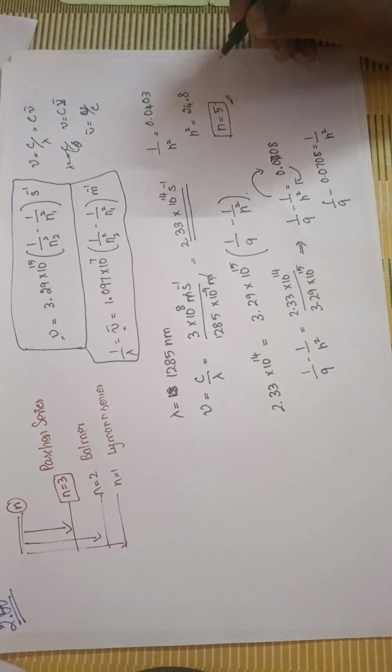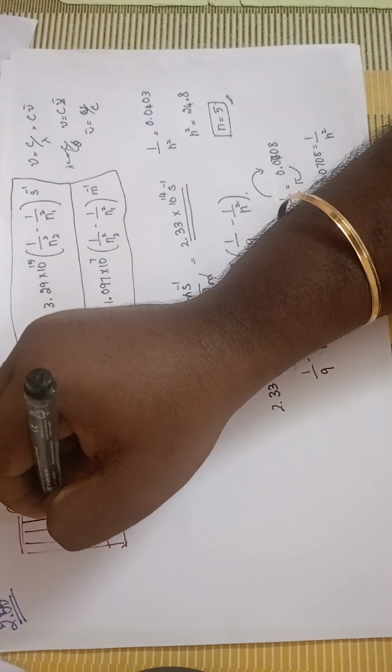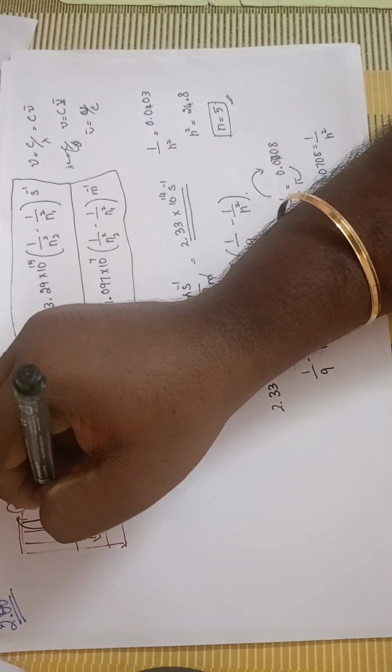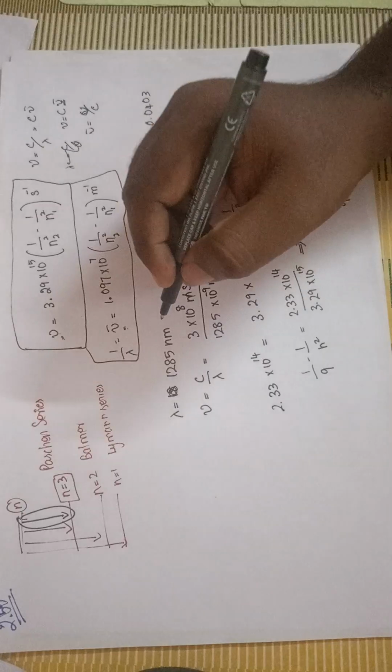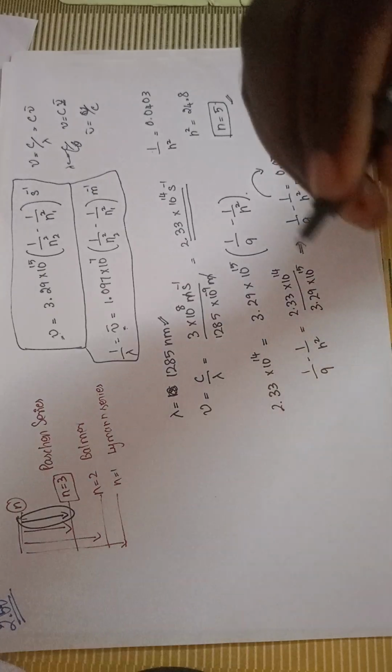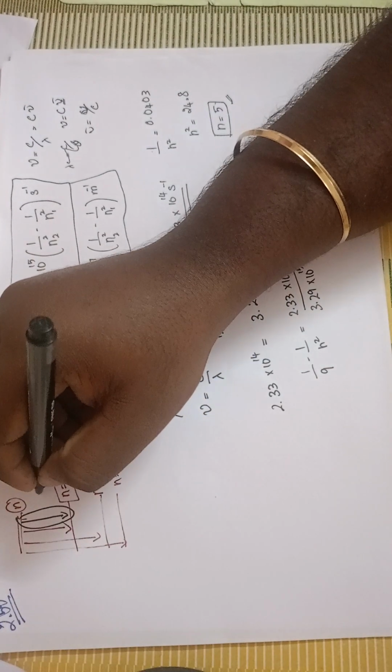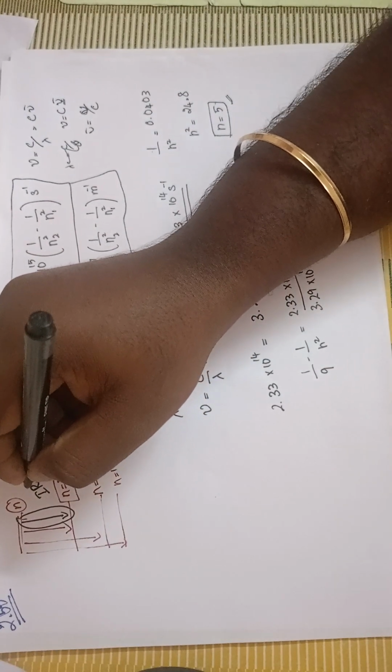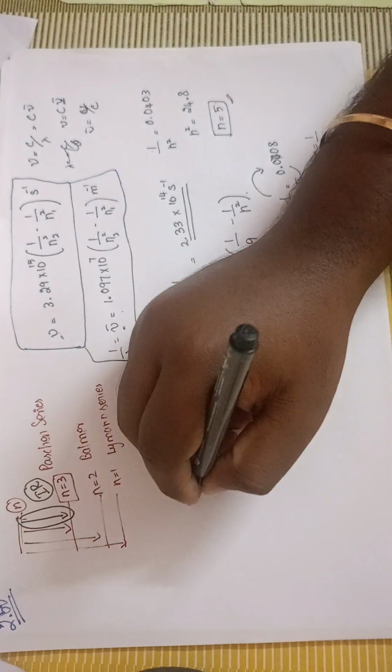So the transition from the fifth shell to the third shell emits a wavelength of 1285 nanometer. They asked to calculate the value of n. And the light falls in the infrared region. The region is infrared region.